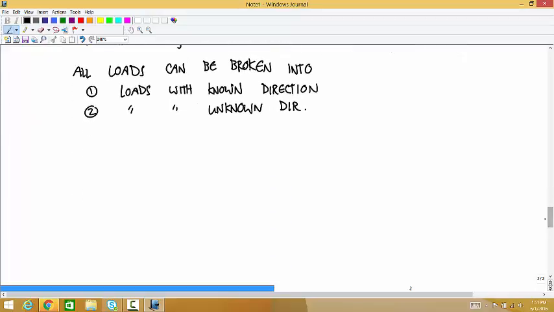If you know the direction, then in your free body diagram, you're going to draw an arrow in that known direction.